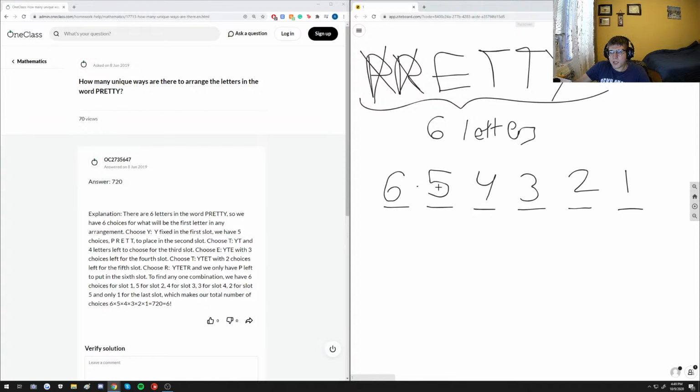And by multiplying all of these possible arrangements, we actually get what the total number of possible arrangements is. So 6 times 5 is 30, 30 times 4 is 120, 120 times 3 is 360, 360 times 2 is 720, anything times 1 is itself, so we get 720 different arrangements.